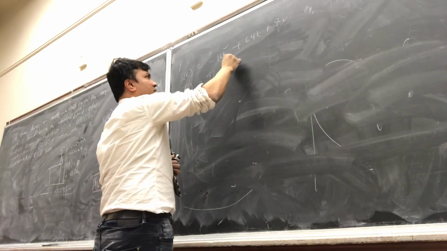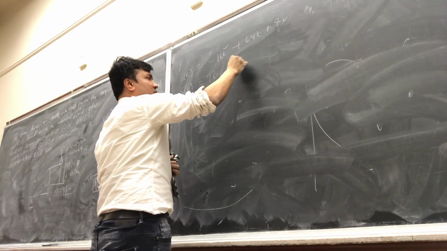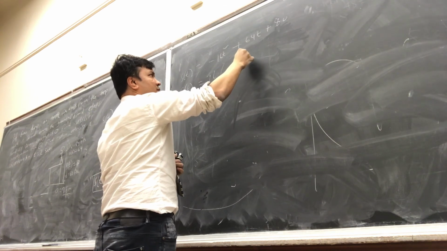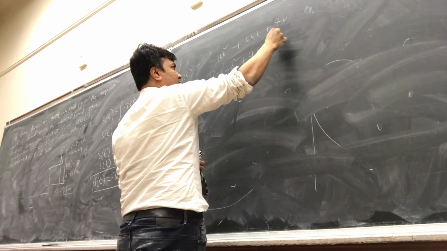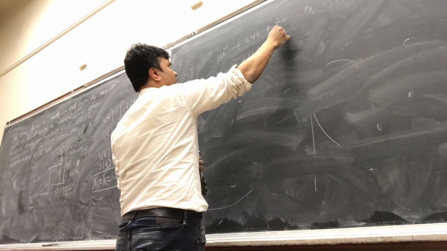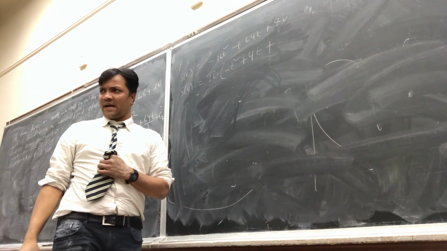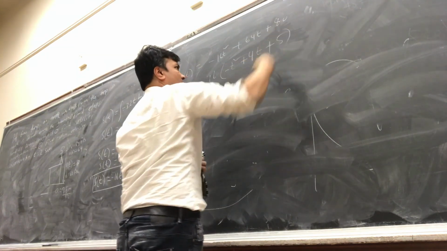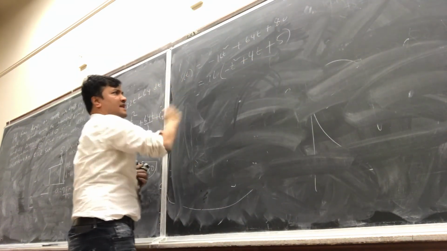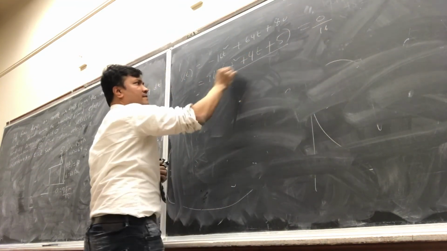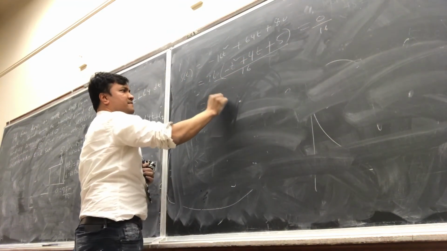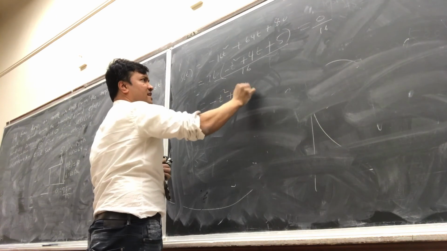So minus t squared plus 4t plus 5. If you set it to 0 and divide both sides by 16, then you get minus t squared plus 4t plus 5.